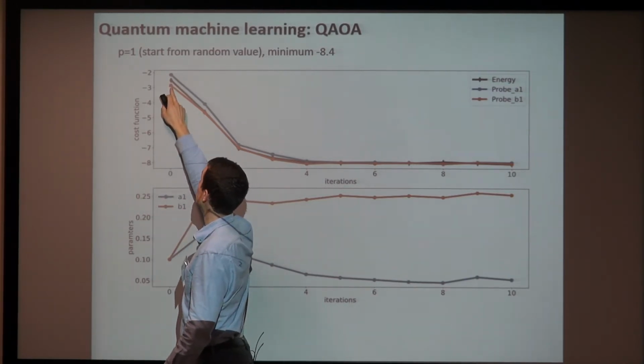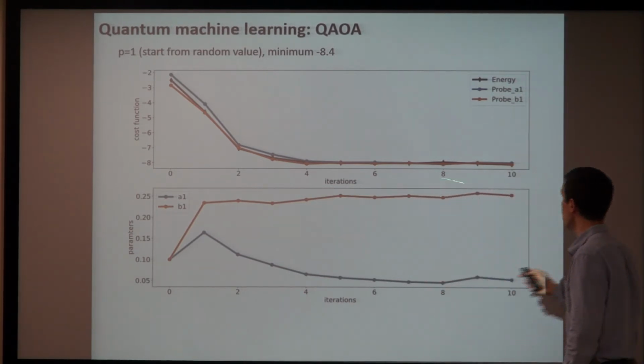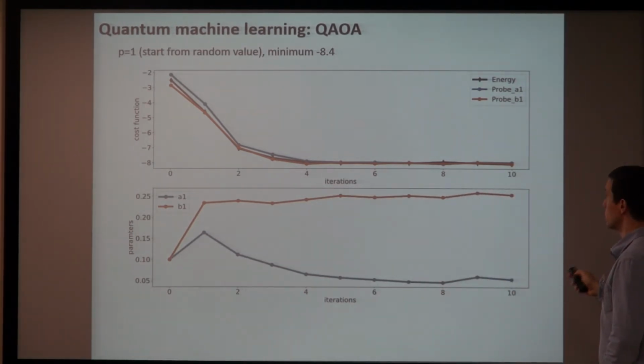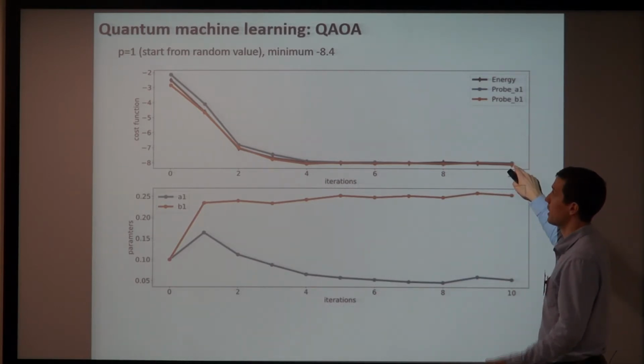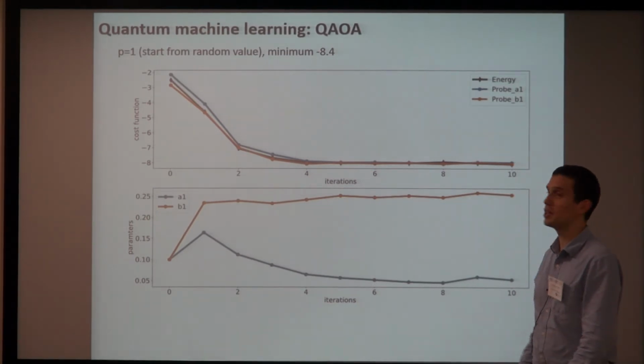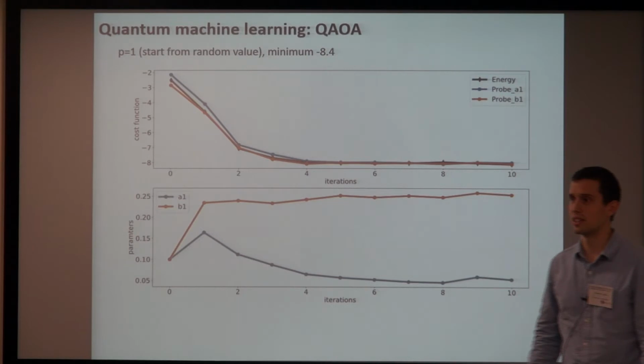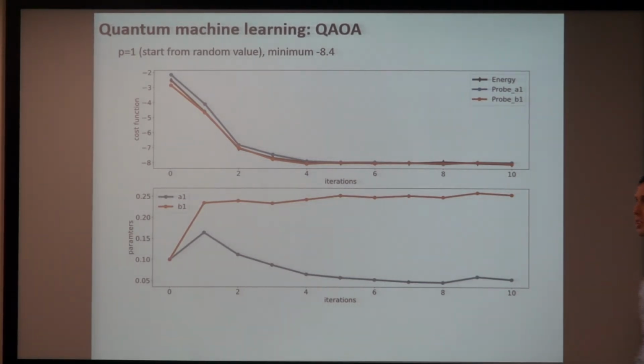If it gets higher, you should go one way. If it goes lower, you should go the other way. We evolved this, and after 10 iterations we stopped, and the value that we get is around -8, which is closer than the value for p equals 2. That means the coarseness of the QAOA is not the dominating factor. The gate errors are what's keeping us from reaching the optimum.